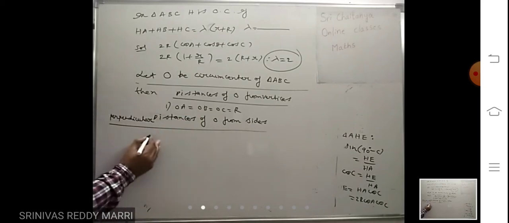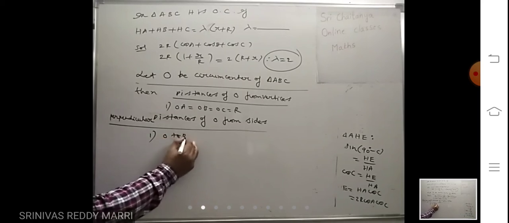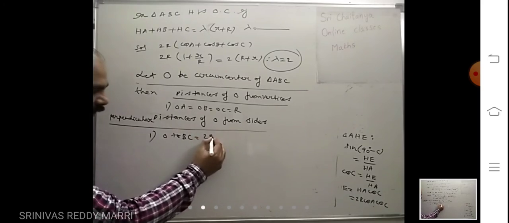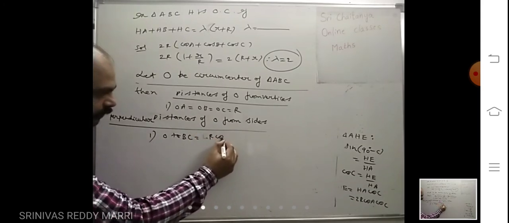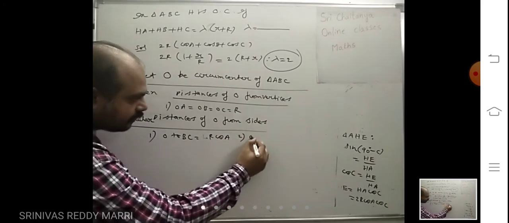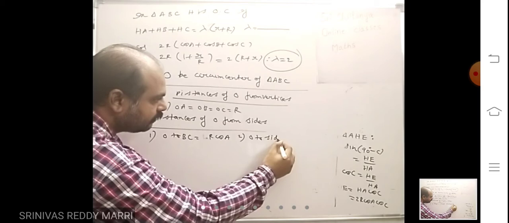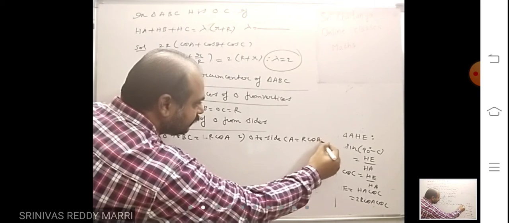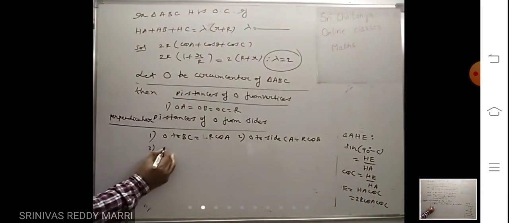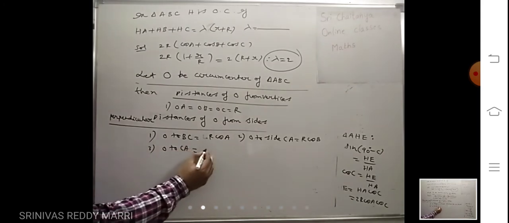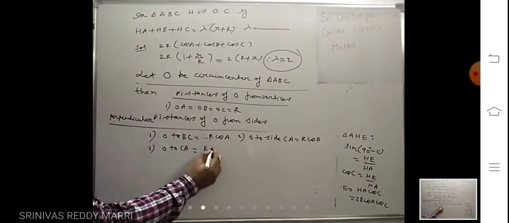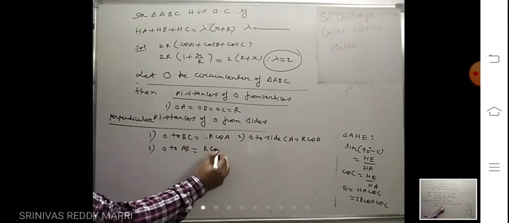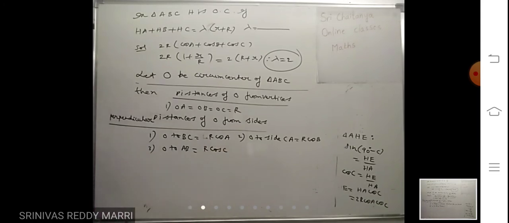So from the sides: from O to BC the formula is R cos A. From O to side CA the formula is R cos B. From O to side AB it is R cos C. These are the formulae.